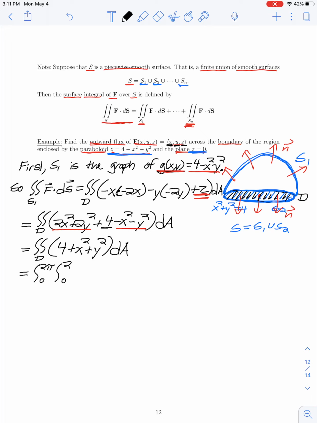Then converting our integrand to polar coordinates, we have 4 plus x squared plus y squared becomes r squared. And the differential of area in terms of polar coordinates is given by r dr d theta. So we have then the following.